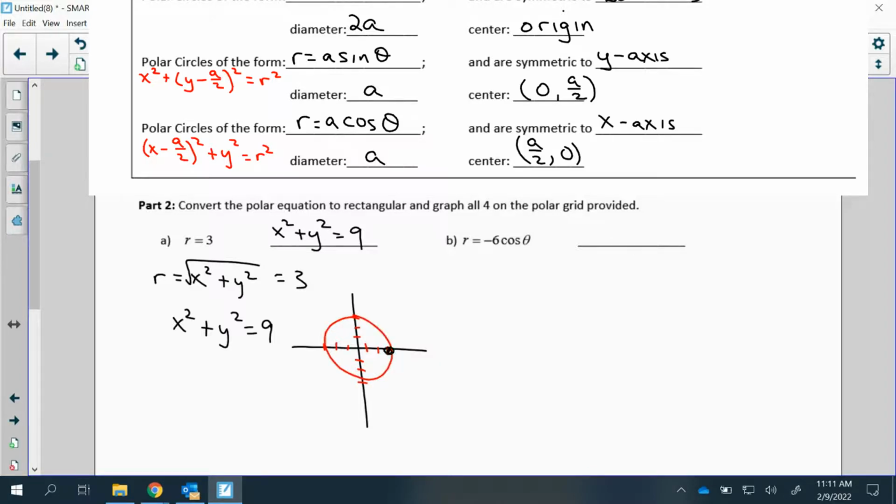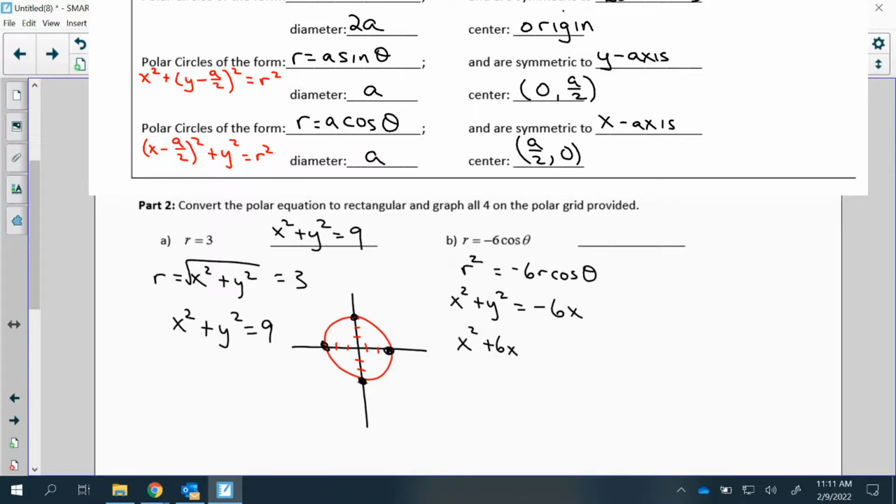r equals -6 cosine theta. We already saw something that looks like this on the front, so we should be aware that this is going to be a circle that's centered at (-3, 0). So we should know that it's going to be (x plus 3) squared plus y squared equals 9.